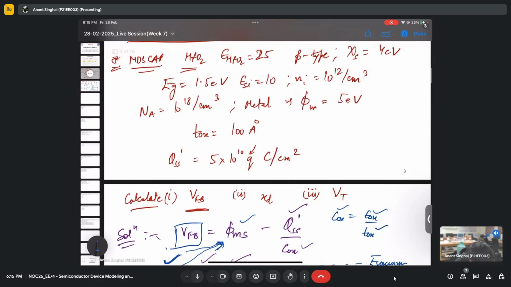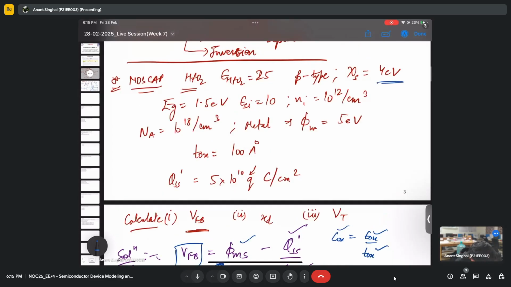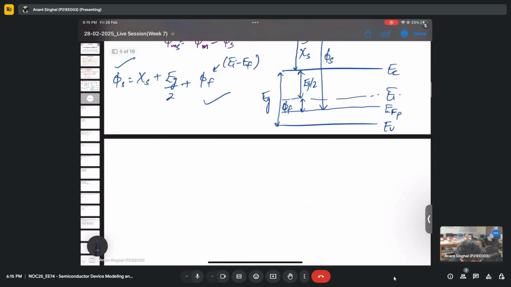Okay, so let me calculate. So chi s is 4, Eg by 2 will be 1.5 by 2, and the third term is the Fermi potential, so that will be Vt ln of 10 raised to power 18 by 10 raised to power 12. So phi s will come out to be 4 plus 1.5 by 2 plus Vt ln 10 raised to power 18 by 10 raised to power 12.